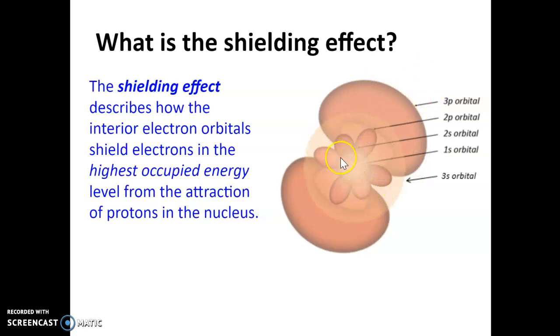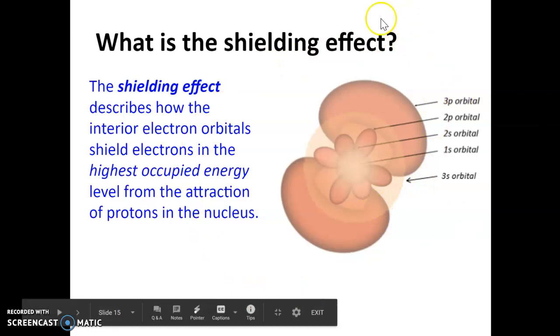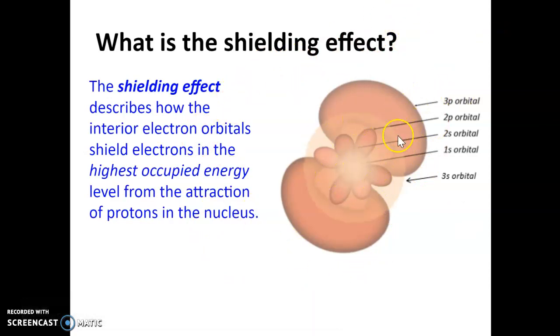So the nucleus can't hang on to you as strongly if you're out here. And there's all these layers in the way. Okay, so more layers is going to make it harder for the nucleus to hold on to the outside electrons. And so if you have fewer layers, right, then there's less interference and the nucleus can hold on tight to its electrons.